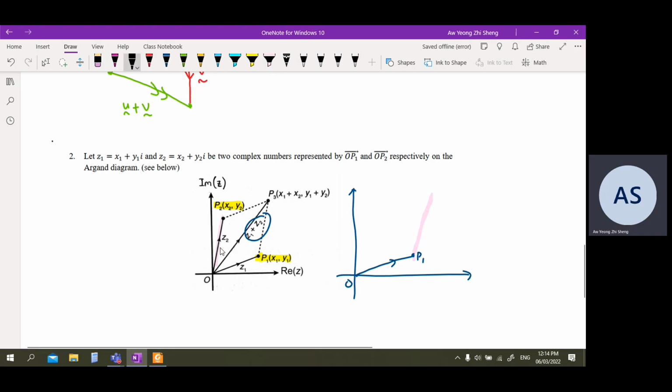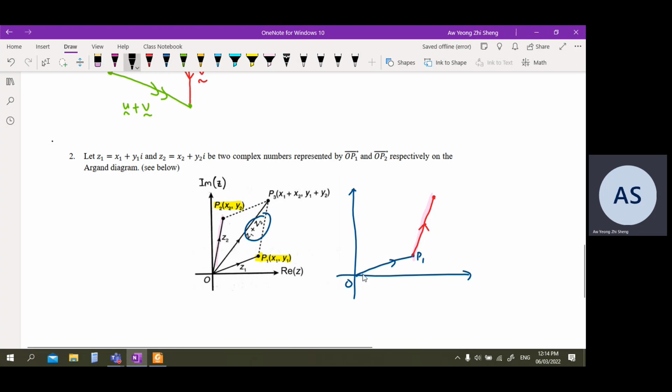So I can move my vector OP2 and put it here, maintaining the length and direction. My red color vector is the same as my vector OP2 because it has the same direction and same length as the vector OP2.